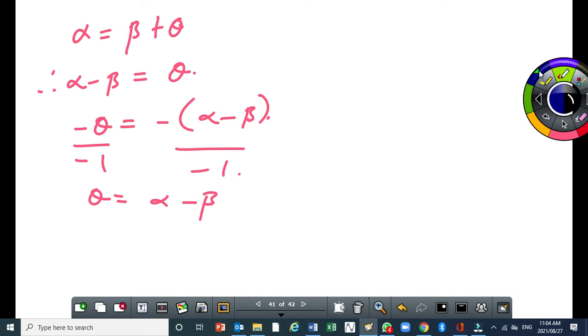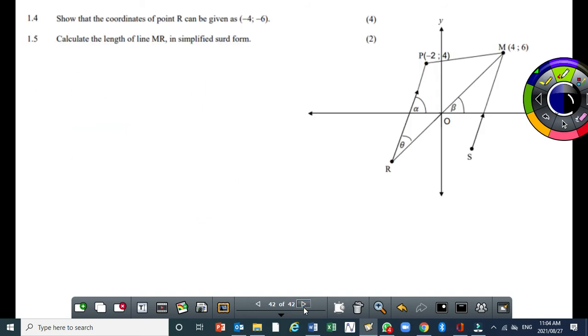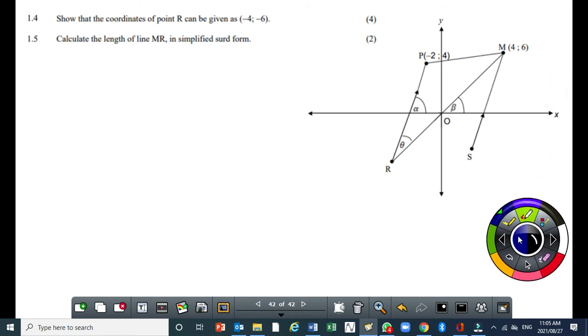Okay, let's carry on. Alright, then 1.4, show that the coordinates of point R can be given as x is minus 4 and y is minus 6. Right here, we want to determine that the coordinates of this point are equal to x is minus 4 and y is minus 6.